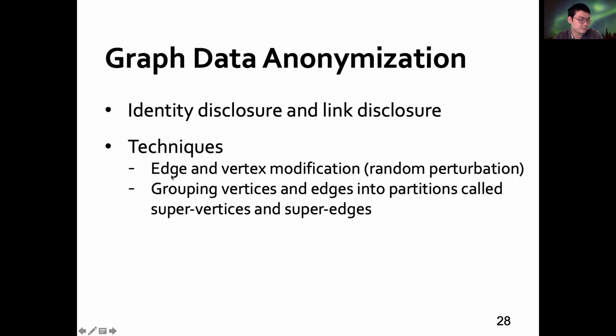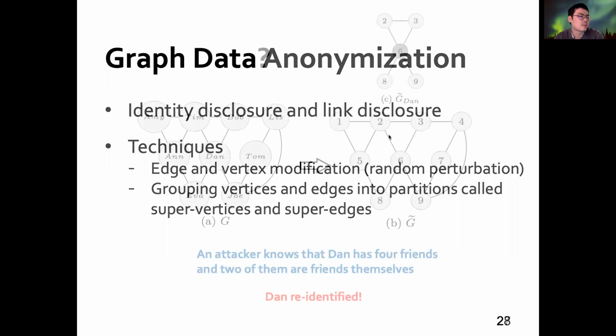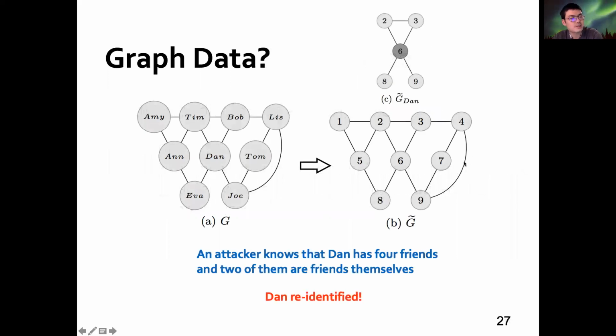One is we can modify the edges, vertices, or links randomly. For example, I can change this attribute. I can randomly connect some of them. For example, 5 only has 3 friends. I change the graph a little bit, make 5 also a friend of 9.